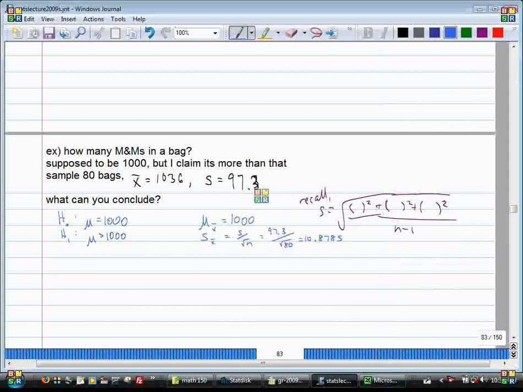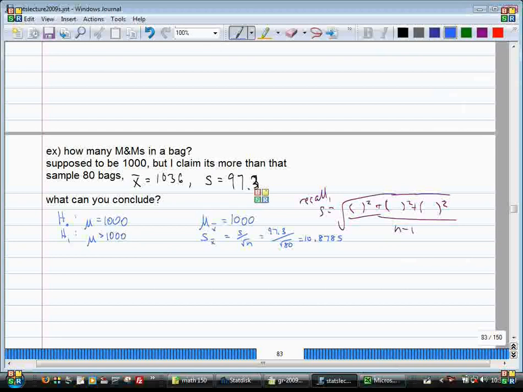What's the next thing we need to ask? Is this distribution normal? No. Why is it not normal? We don't have sigma, all bets are off. What distribution are we going to use?